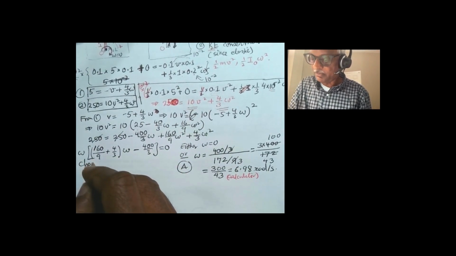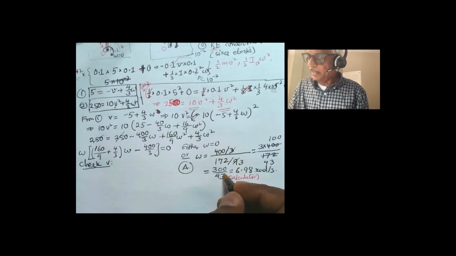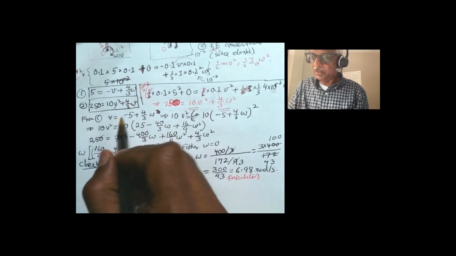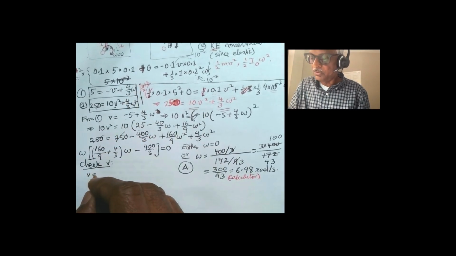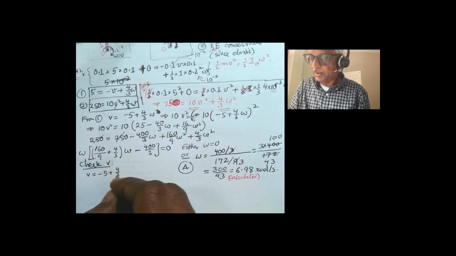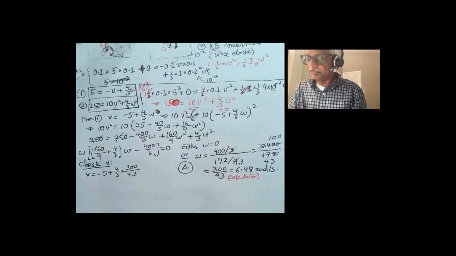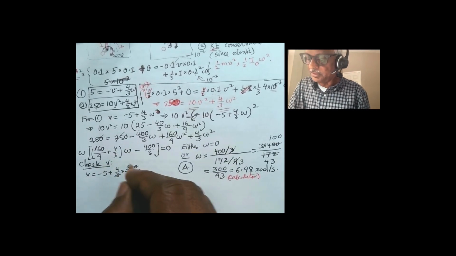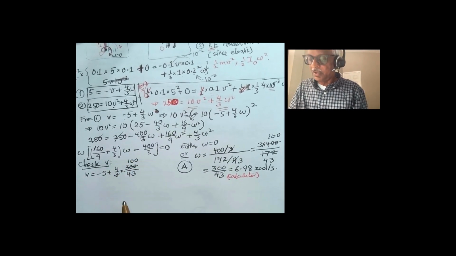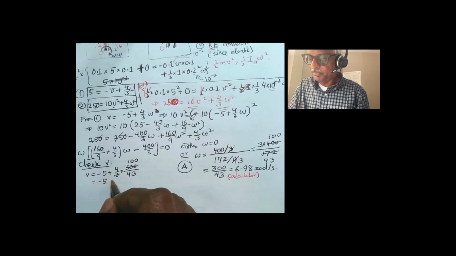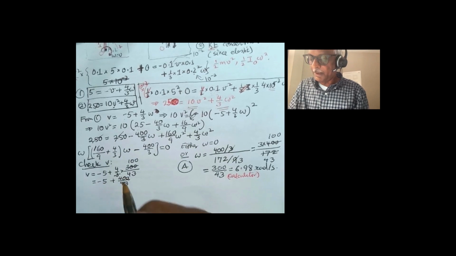Now check part B. Let's put this in over here to get v. So v equals minus 5 plus 4/3 omega, where omega is 300 over 43, so it's 400 over 43. So this is minus 5 plus 400 over 43.